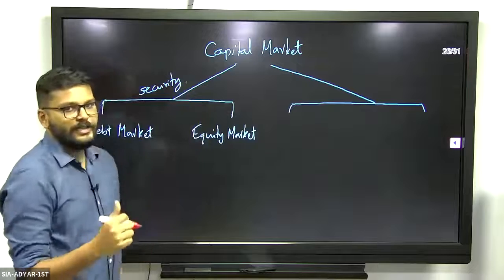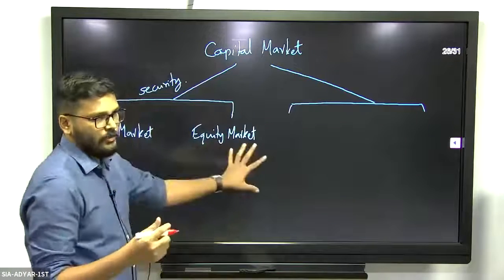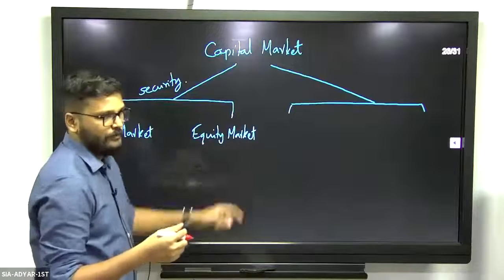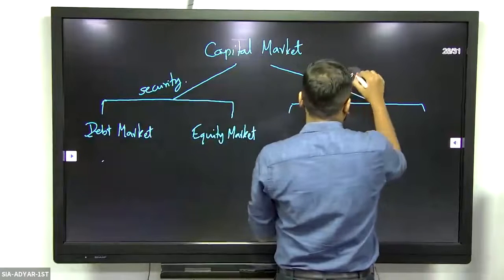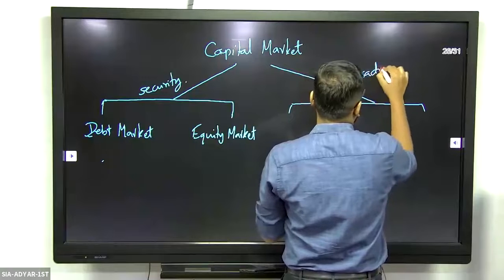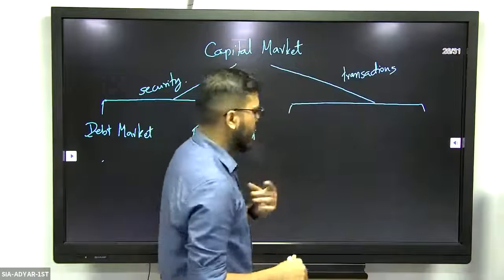I told you right earlier, a security could give you 2 types of positions. It could either be a bond or a share. Now coming to based on transactions, what is the number of the transaction that is happening? Okay.